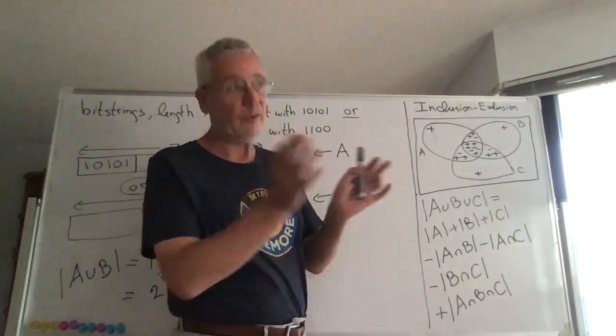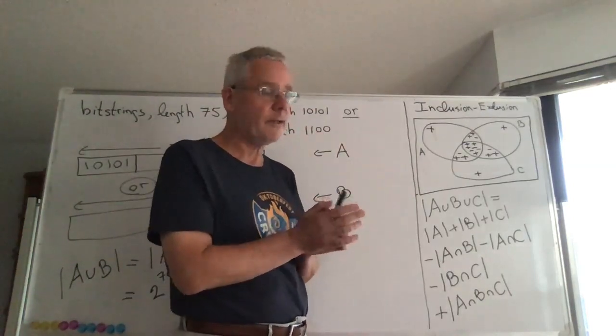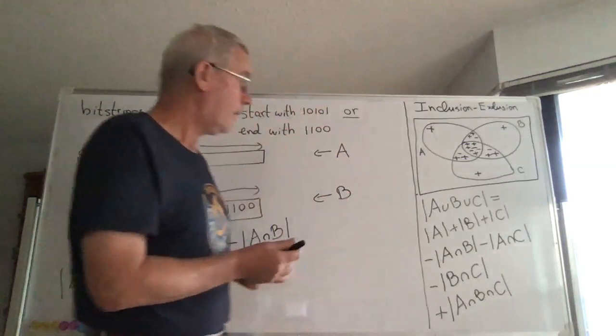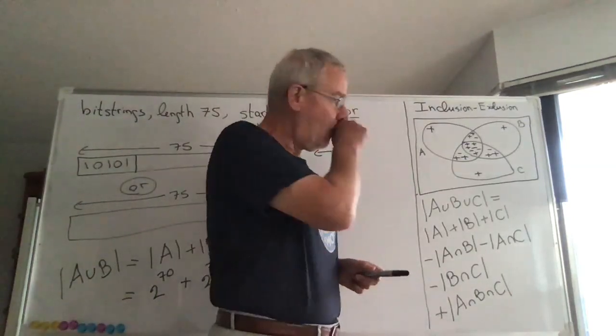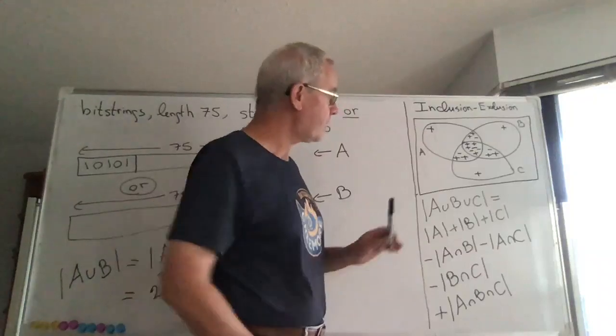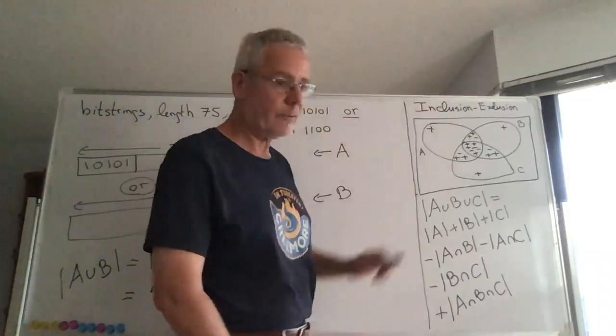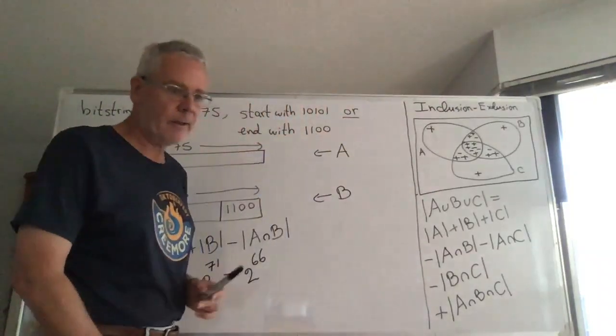Okay, so of course you can also do this for 5 sets and 6 sets. The idea is exactly the same. But in this course, we are only going to use it for up to 3 sets.